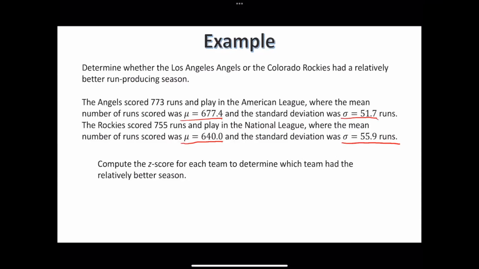Go ahead and see if you can calculate those Z-scores. Just take a moment. I'm going to do it quietly behind you.